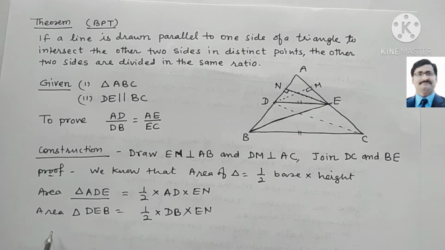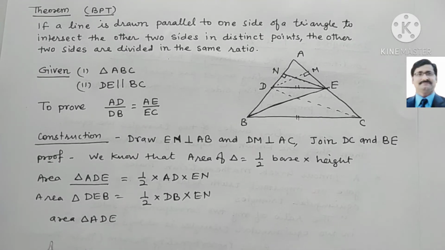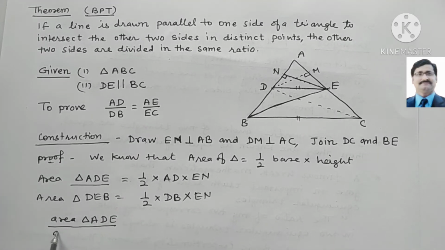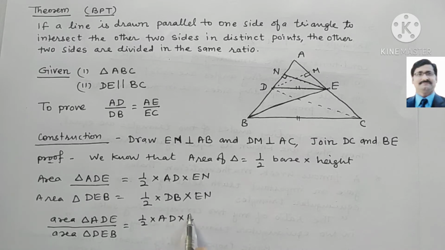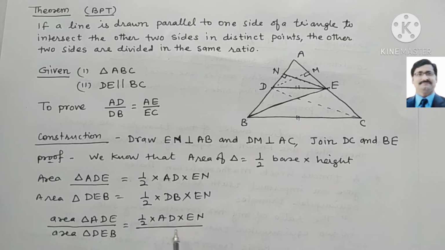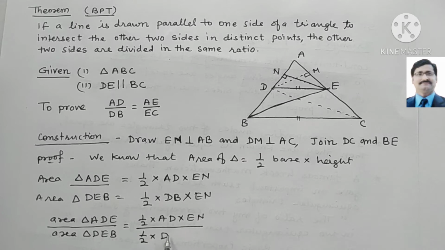Now we find the ratio, so we can write area of triangle ADE upon area of triangle DEB equals 1 upon 2 into AD into EN upon 1 upon 2 DB into EN.